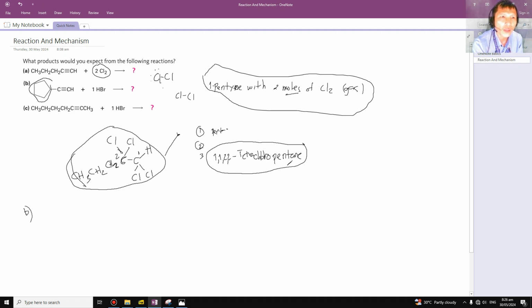Your other substituent is actually a cyclopentane, but this is a cyclo and this is an alkyne, so this would be your parent, an ethyne. So this would be a substituent.